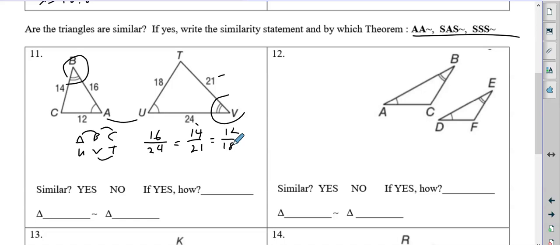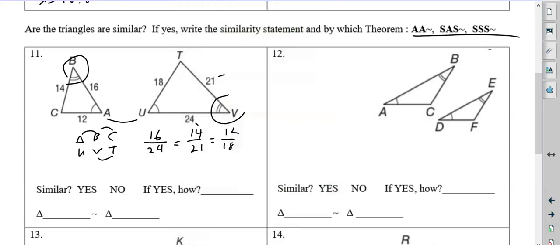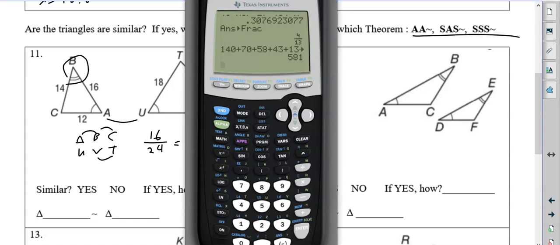Now, there's a few ways to do this. We can cross multiply all these, okay? Or we can turn them all into decimals. So that's a quick way to do it. So watch. If I do 16 divided by 24, I get 0.6 repeating, 2/3. If I do 12 divided by 18, I get 2/3. If I do 14 divided by 21, I get 2/3.